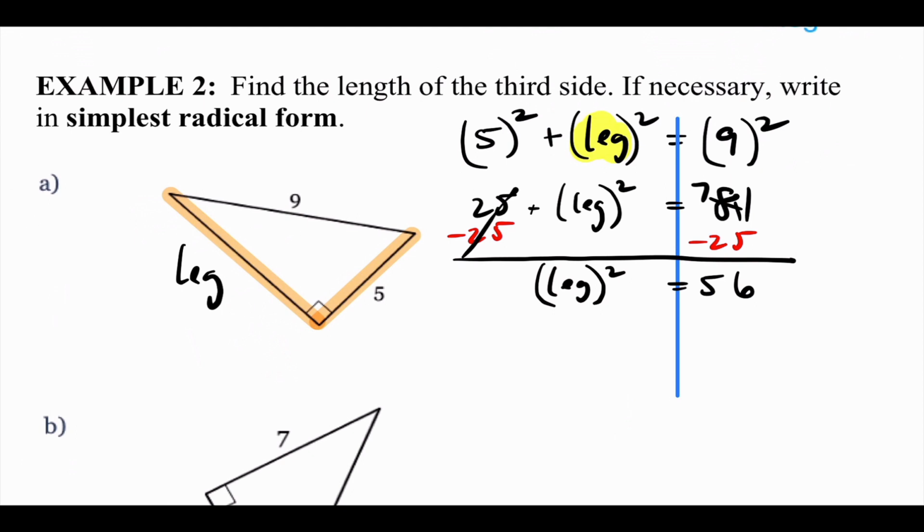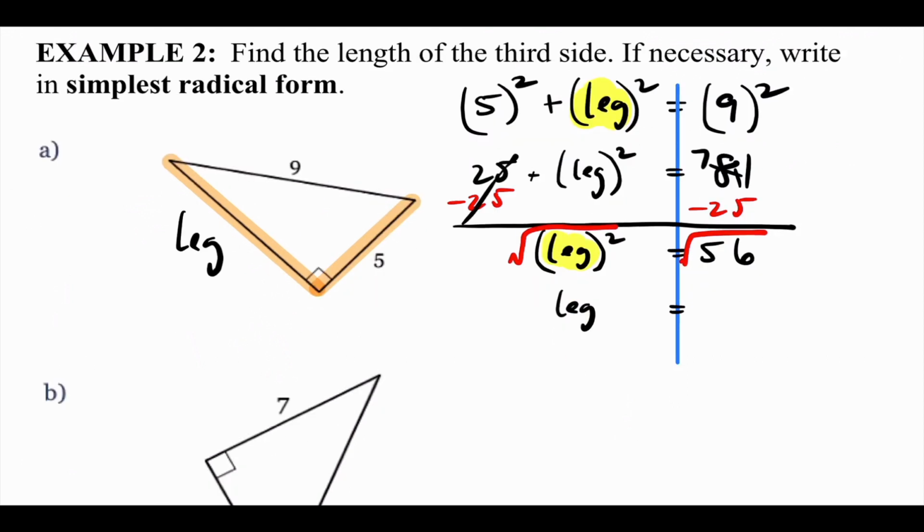Almost there. I almost got leg by itself, but I still have that squared. What's the opposite of squared? How do I get rid of a squared? Square root it. So square root both sides. Now leg is by itself, and I have the square root of 56.